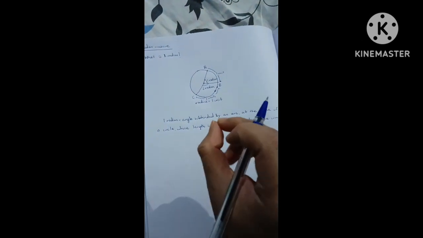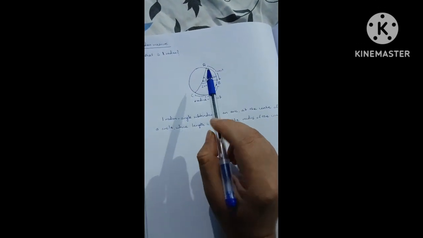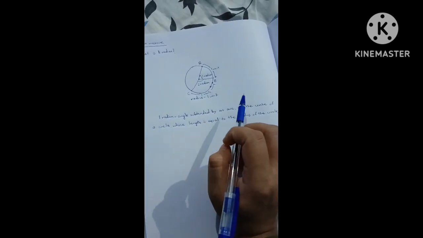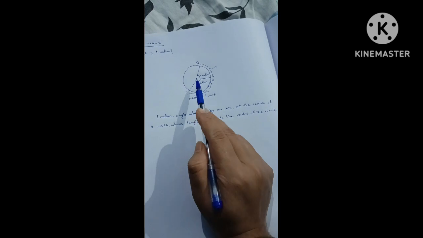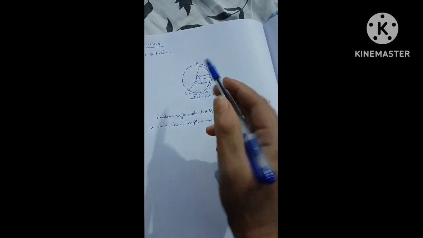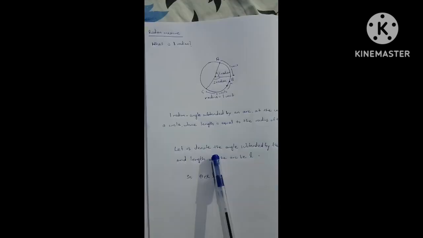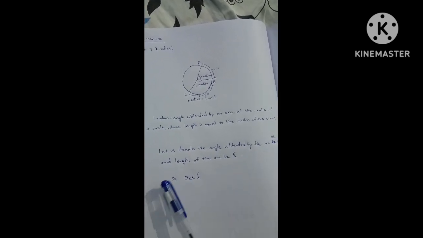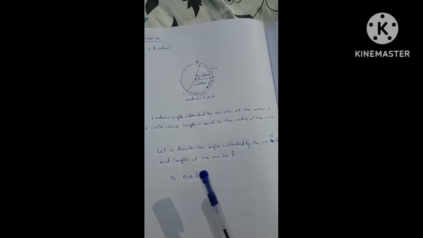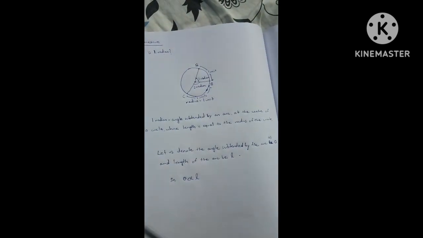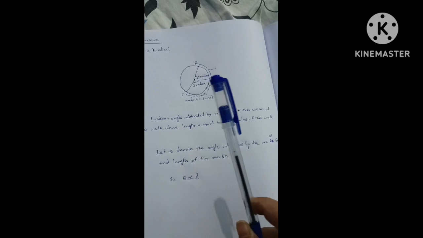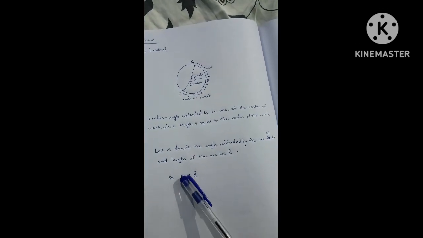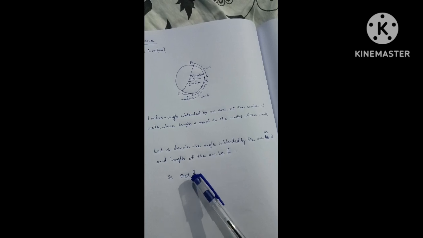So here we can clearly see that keeping the radius constant, if we increase the length of the arc, the measure of the angle increases. Denote the angle subtended by the arc as theta and length of the arc be L. Theta increases on increasing the length of the arc. This means that theta is directly proportional to the length of the arc.